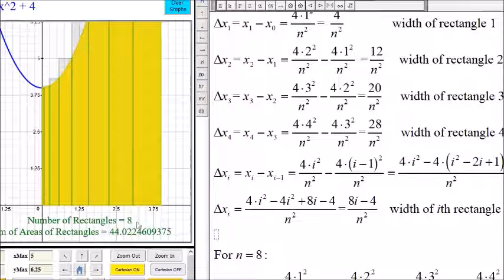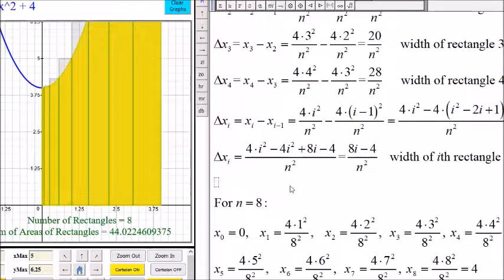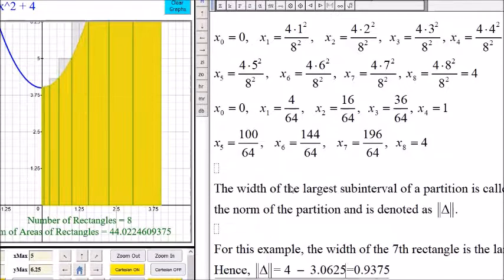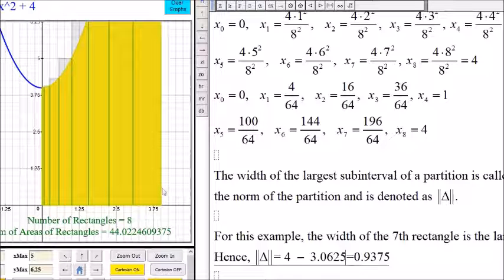And if we look at the widths right here, they are all different. The last one is the largest one. And so let's look at the largest width. For a given partition that's chosen, the largest width is denoted as the double bars with the delta inside, and it's called the norm of the partition. So the norm of the partition is the largest width.